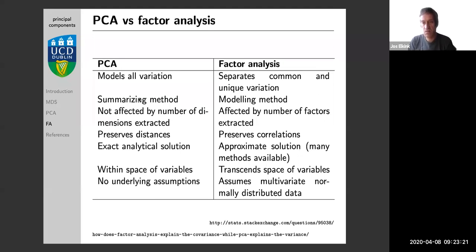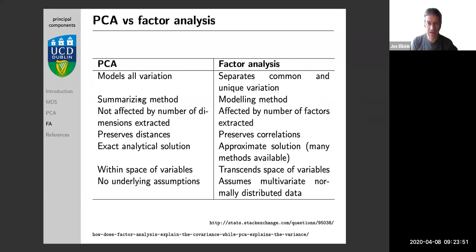Factor analysis, on the other hand, is always a reduction to fewer factors, which tries to separate the variation in the data that is common, that we can capture by some underlying dimensions, from variation that is unique to individual variables. So it separates the common from the unique variation in the data. And it captures these common variations through underlying latent variables, underlying factors, and then models the unique variation for each variable.